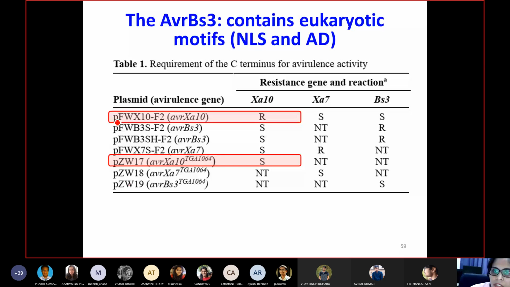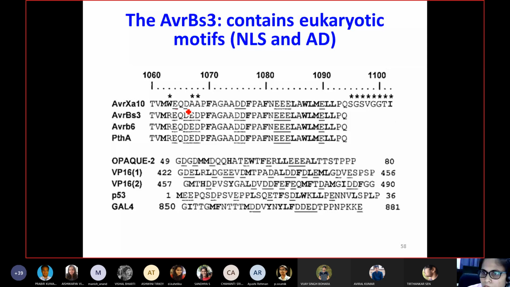We have already seen this is an avirulence gene against XA10, and a plant containing XA10 effector will be resistant. Whereas if you mutate this sequence, 1064, what you get here is susceptibility. That means this plant is not resistant anymore.